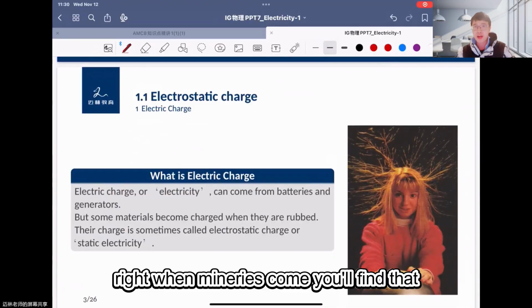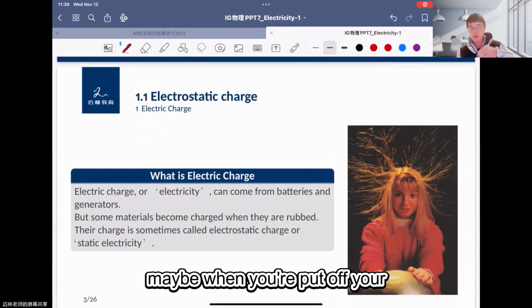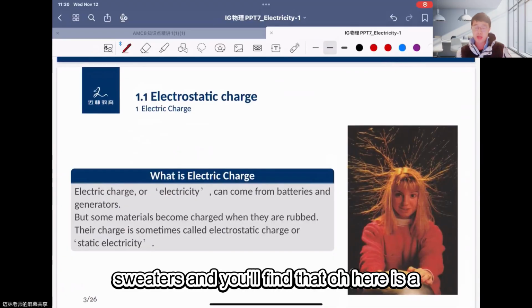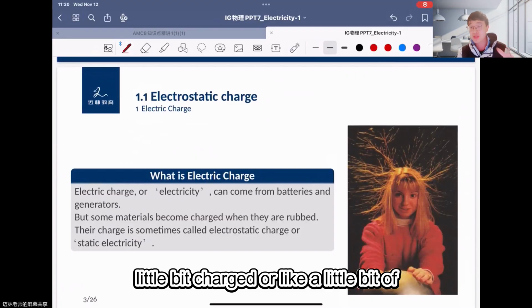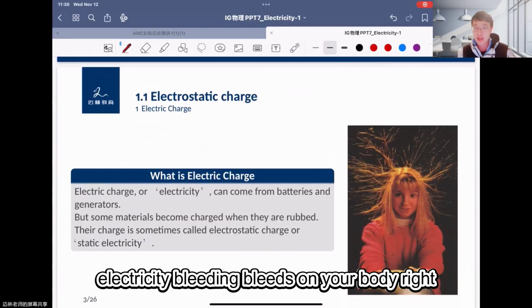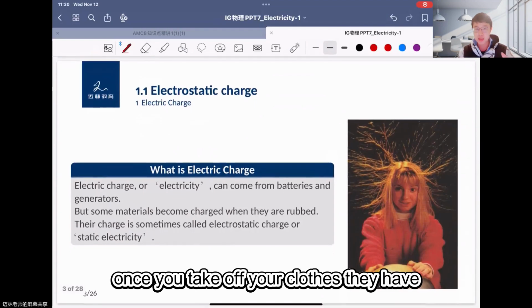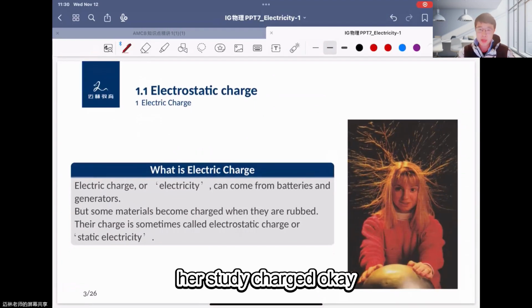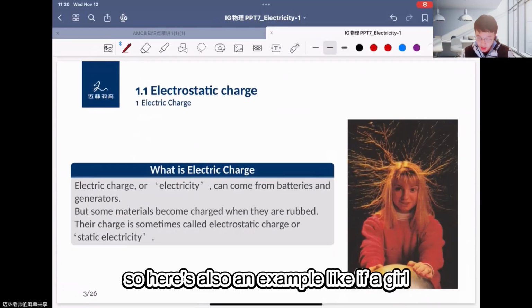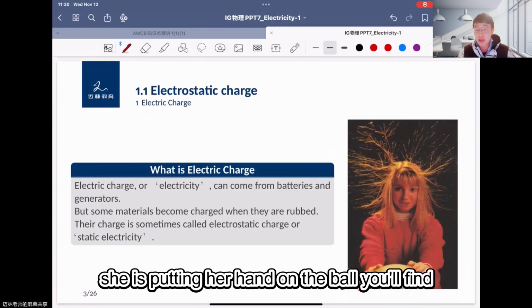When winter comes, maybe when you put on your sweater, you'll find a little bit of charge, a little bit of electricity, on your body, right? Once you take off your clothes, they have electrostatic charge. Here's another example: a girl puts her hand on an electrostatic ball in a science museum.